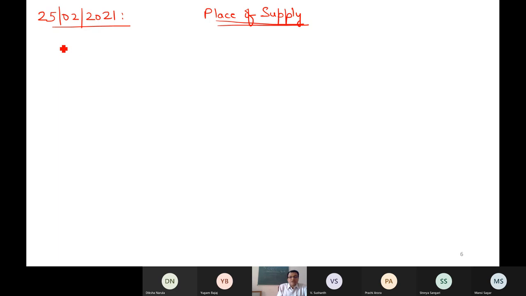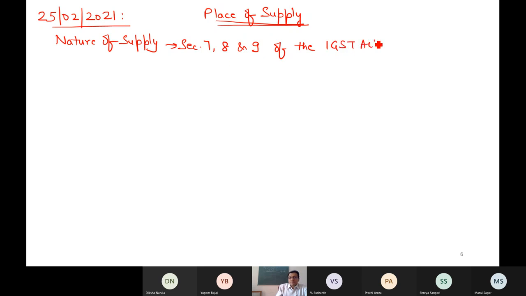Now, before discussing place of supply, you must know the topic of nature of supply, which we have already covered. And in nature of supply, you remember there were three sections: section 7, 8, and 9 of the IGST Act. 7 was dealing with interstate supplies, 8 was dealing with intrastate supply, and 9 was dealing in territorial waters.